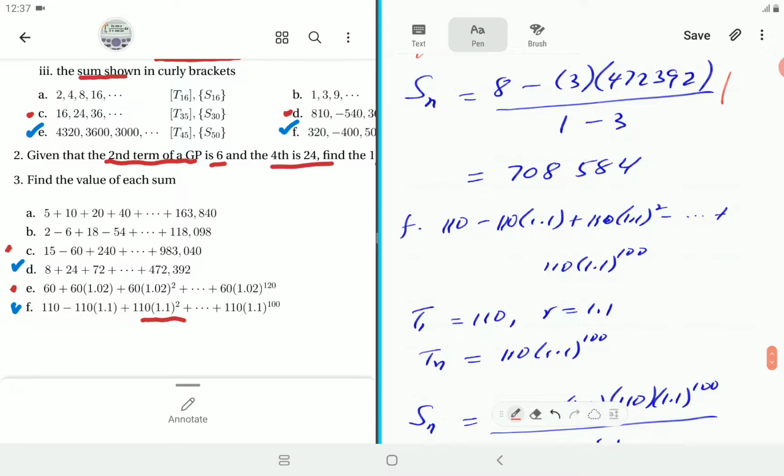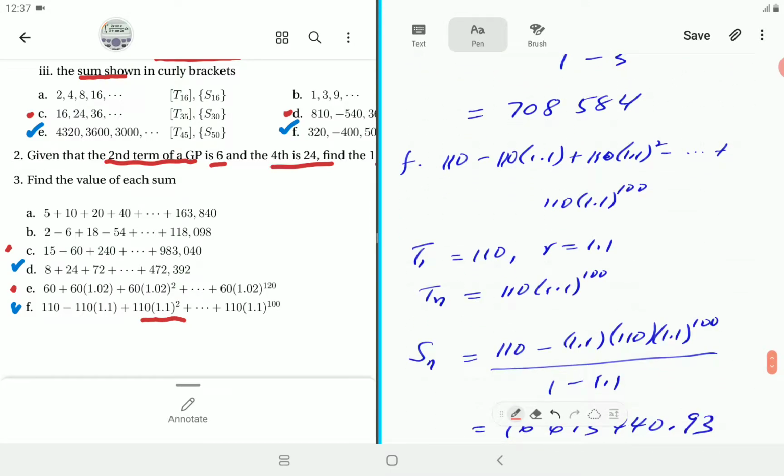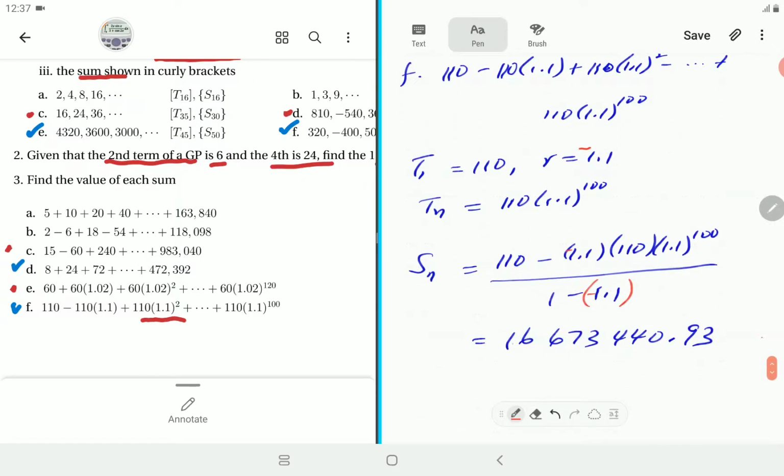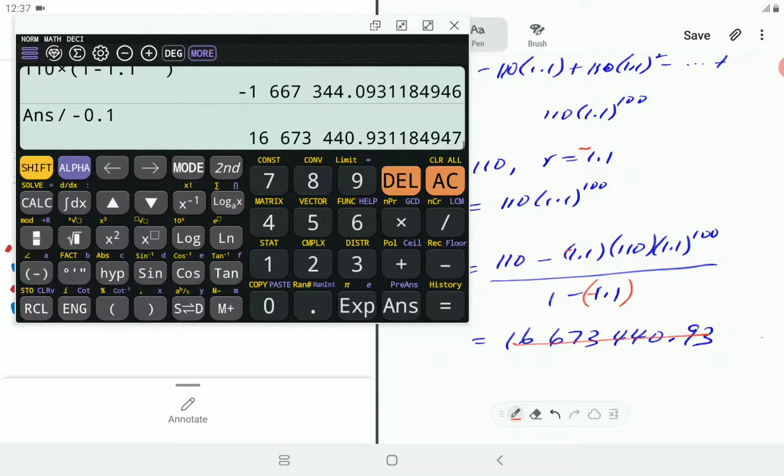The same thing here. Looks like there's an error here. This should be negative. So that's going to be negative there, and that's negative there. So I'm going to have to recalculate this. So let's calculate it now.